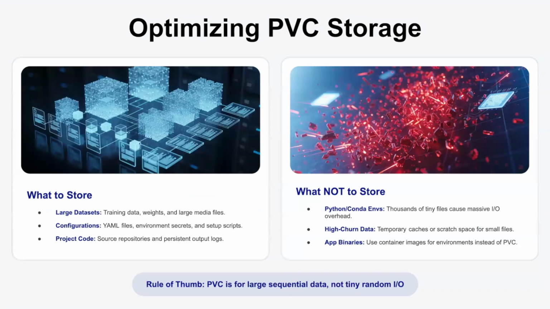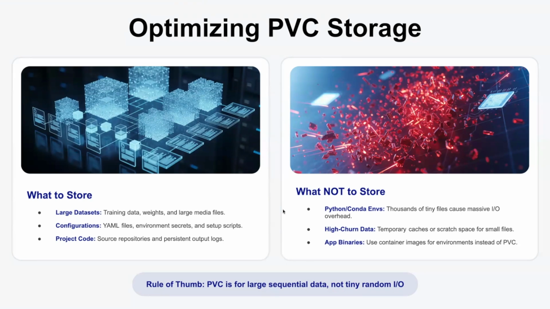Yeah, so this slide is pretty important. PVCs are designed to store large amounts of sequential data, not tiny random reads and writes. So what that means is it's really not recommended to store Conda environments and Python environments.